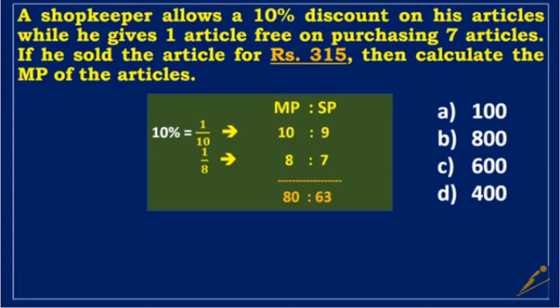When we multiply these ratios together, we obtain 80:63 as the overall ratio. 63 units are equivalent to 315 rupees. For these 63 units multiplied by 5, we get 315 rupees. After multiplying 80 units by 5, the marked price is 400 rupees.